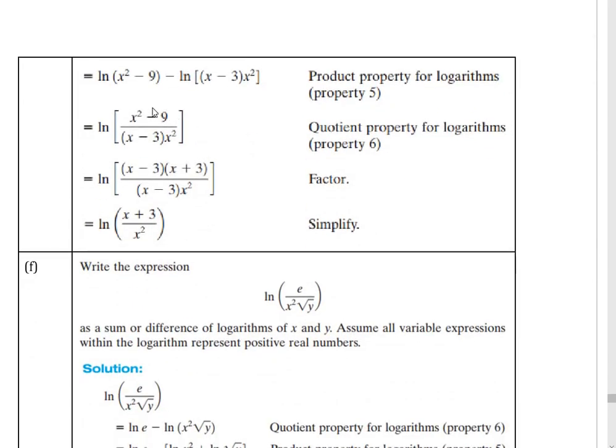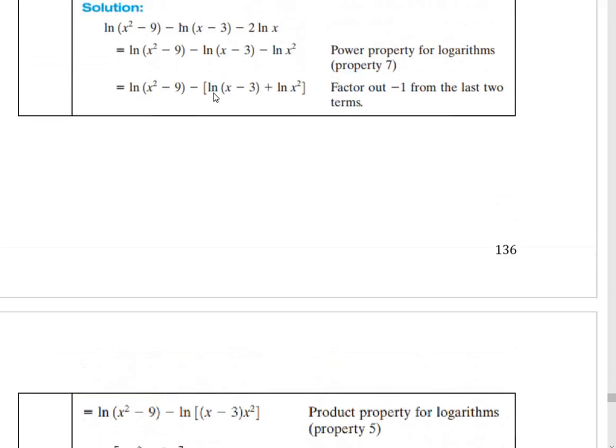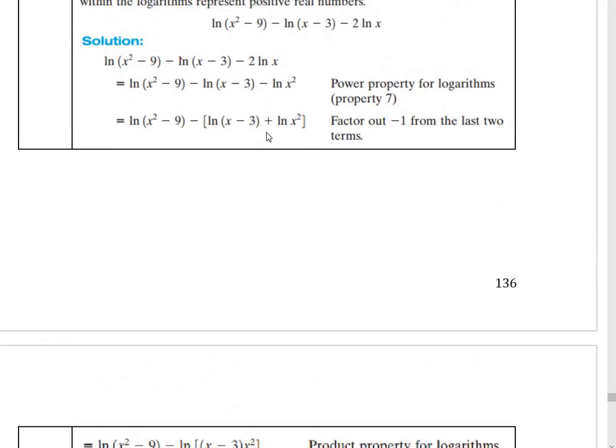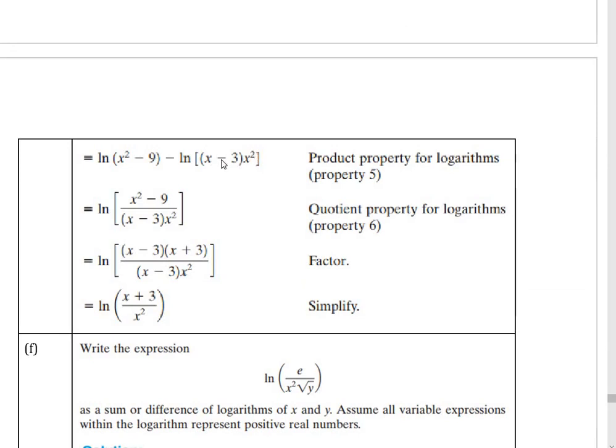Remember that if we have the ln plus the ln, that will form a multiplication. If I only look at the brackets here, with a plus, that will form a multiply, like we've done here, and the minus tells me that this part will go to the denominator.